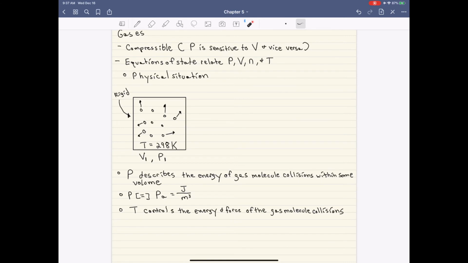Okay? And so to illustrate this concept even further, what I want to do now is let's imagine that we take our system here, right? We take the same number of gas molecules, but now we're going to shrink the container down to a smaller volume. Okay? Right?